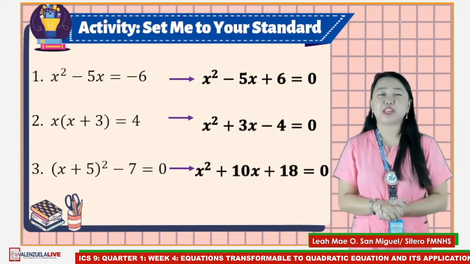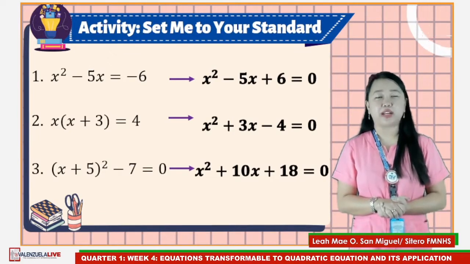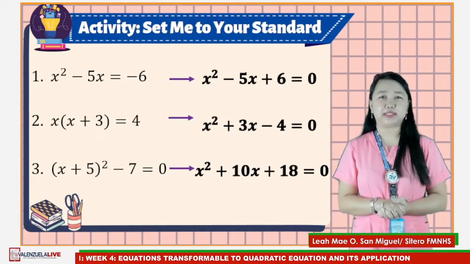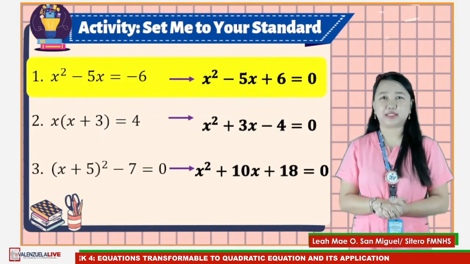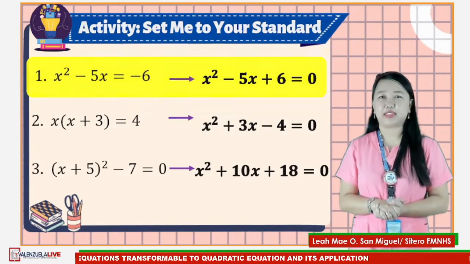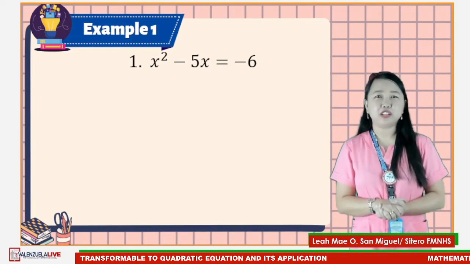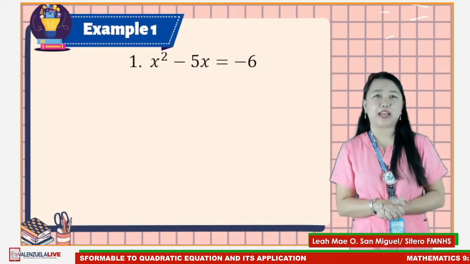Let us use the first equation in our activity earlier as our first example. The given is x squared minus 5x is equal to negative 6.